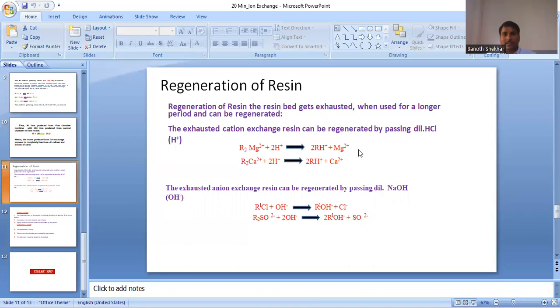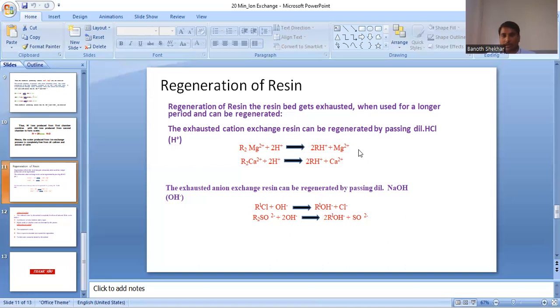To regenerate those resins, we use dilute HCl and dilute NaOH. The dilute HCl is suitable for the cation exchange resin. The dilute NaOH is suitable for the anion exchange resins.